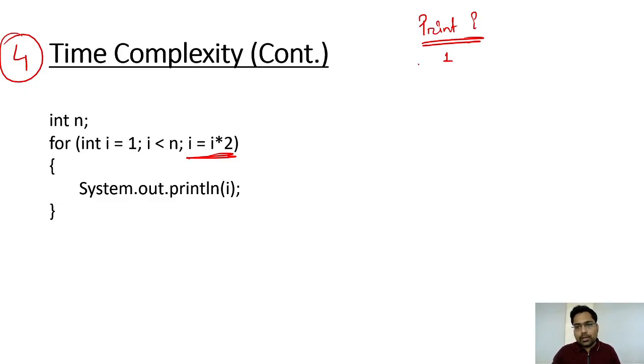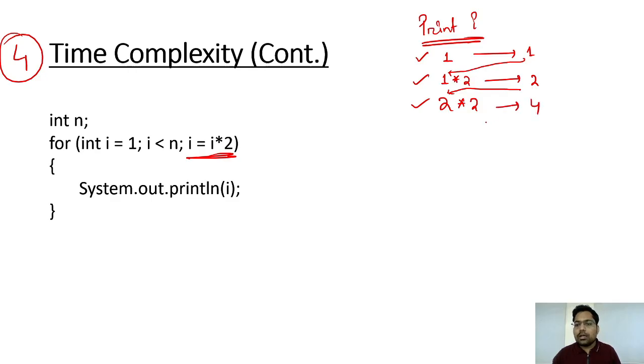So 1 will be printed, not an issue. Second, 1 into 2 will be printed: 1, then 2. Then the i value will be 2 into 2, because 2 is the value getting multiplied here. Okay, 4, like this you will get.